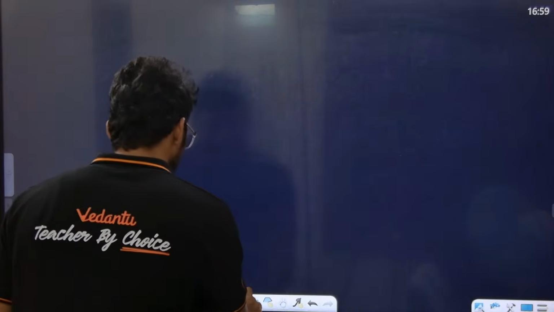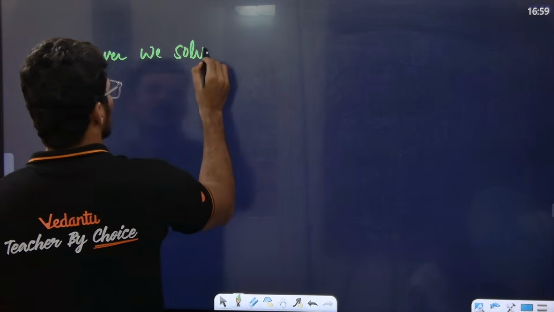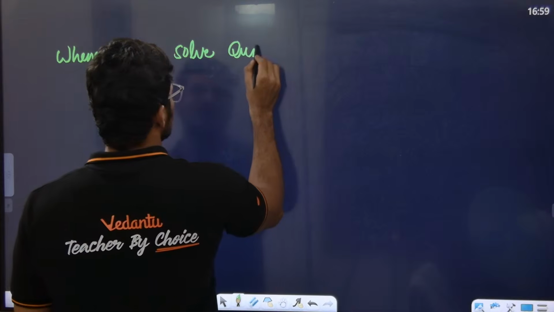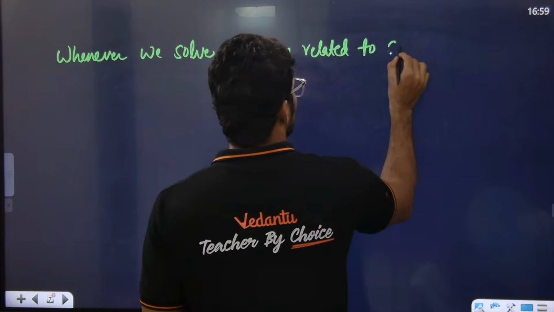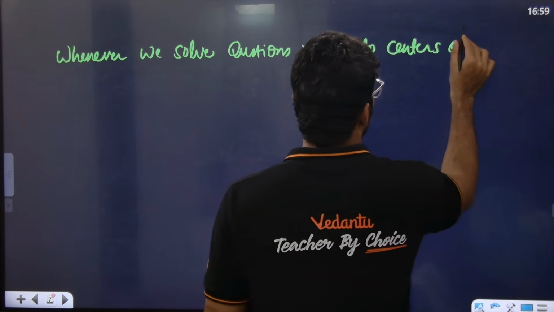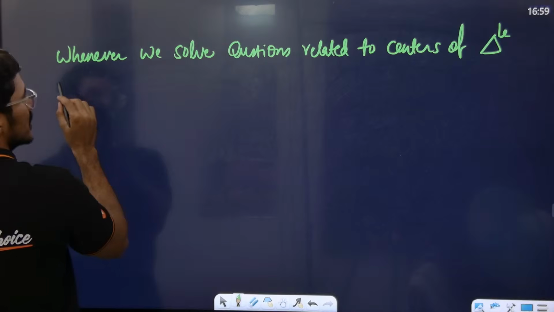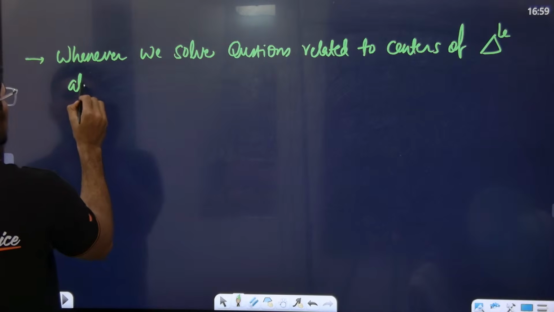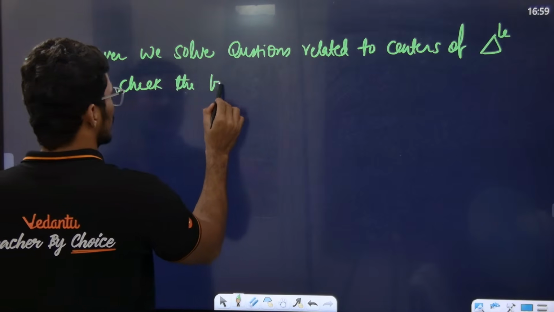Guys, in any question, when we solve a question, we first check the nature of the triangle. So whenever we solve questions related to centers of the triangle, always check the following.